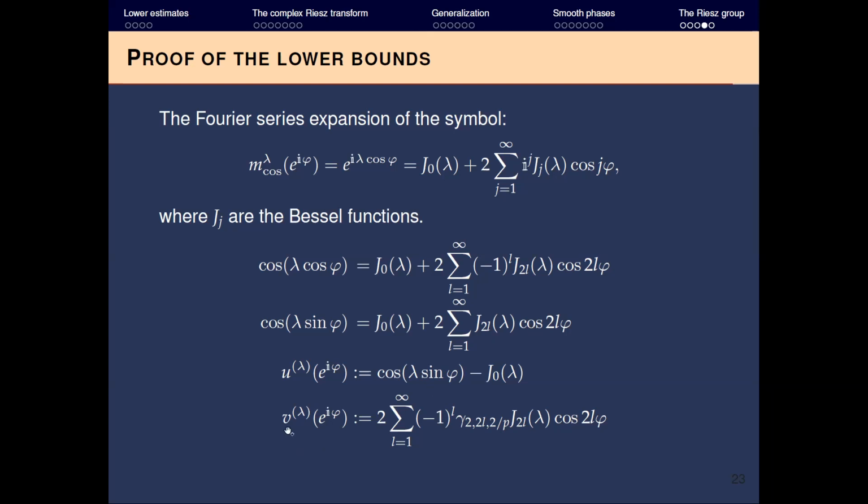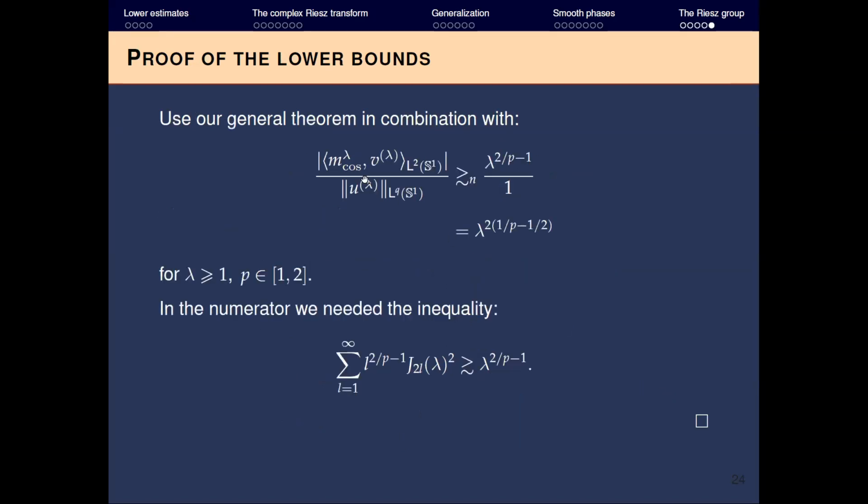And then take v to be what it has to be, right? You just have to put those appropriate weights and signs that are dictated by this connection between u and v in the general theorem, and plug it in. Right, again, in this expression, plug in both u and v from the previous slide.